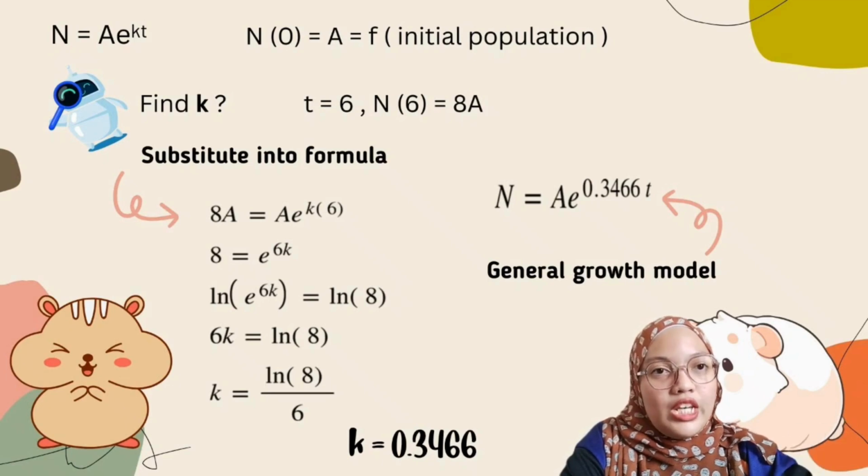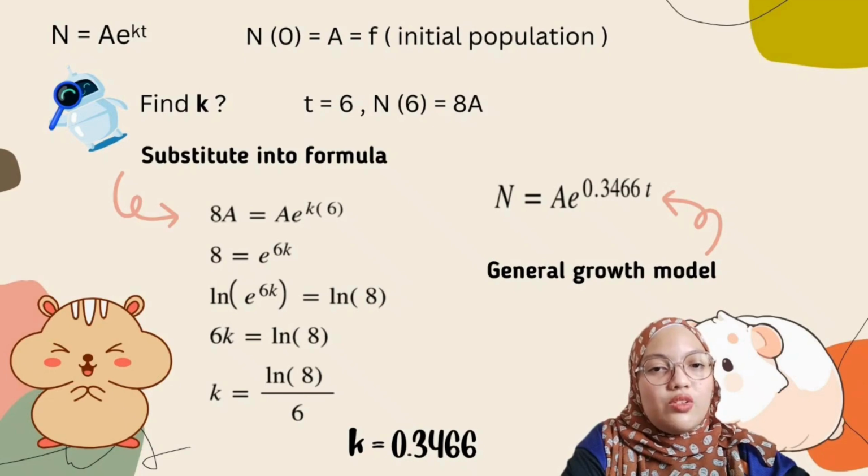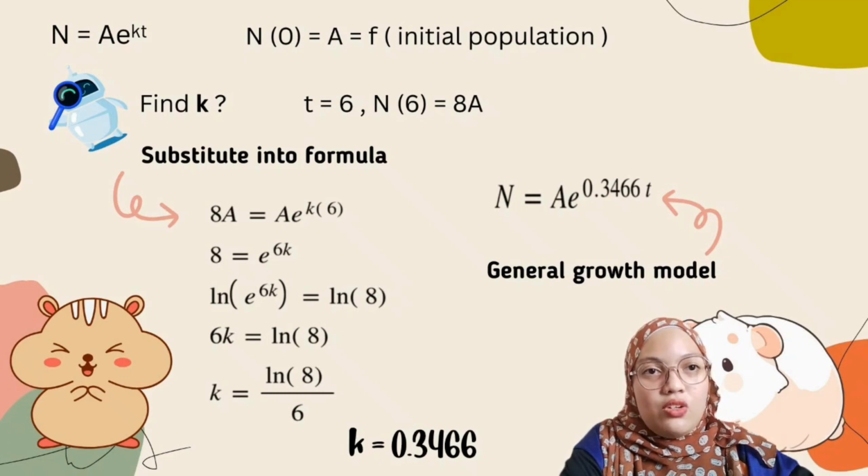We will substitute it into the formula. So 8A equals A e to the power of 6k. It will be 8 equals e to the power of 6k. So using the log rule and the exponential rule, the equation would be ln e to the power of 6k equals ln 8. Then the term ln e to the power of 6k we know will be 6k.